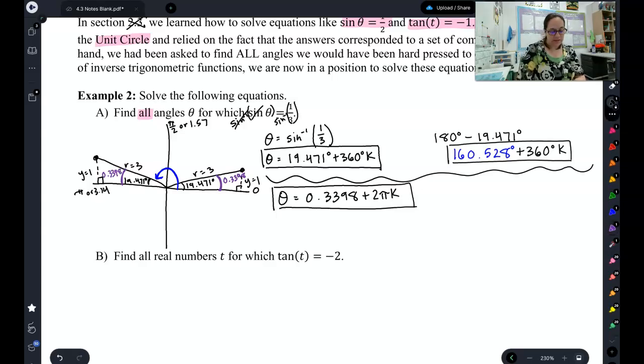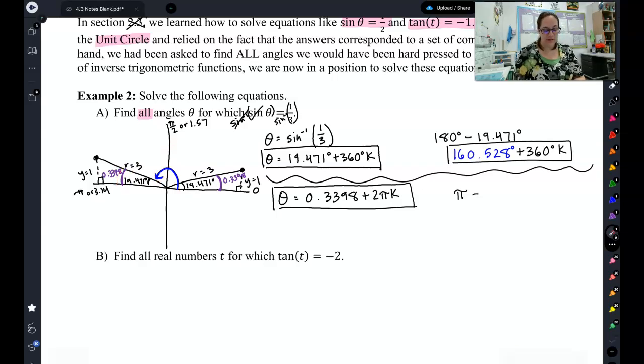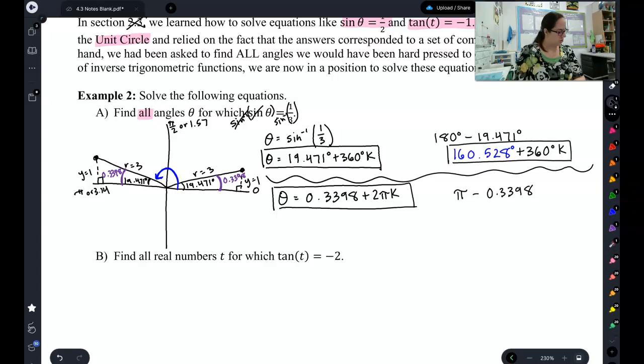But this time, instead of doing 180 minus, I'm going to do pi minus, because I'm now in radians. So if I do pi minus my 0.3398 angle, that should once again give me this blue angle that is the other triangle that also has the same value. So pi minus 0.3398 should give us 2.802 and add 2 pi k, so we get all.